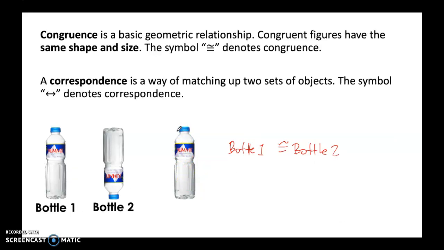A correspondence is a way of matching up two sets of objects. The symbol, an arrow or a line, denotes correspondence.